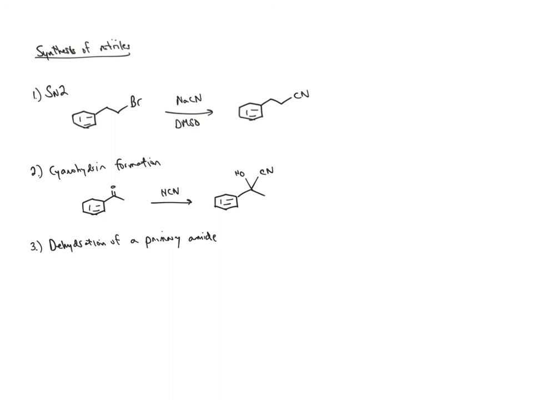Okay, so let's take an amide, and it has to be a primary amide, right? So this one here, and let's treat this with tosyl chloride and pyridine. Now, in the presence of tosyl chloride and pyridine, we can dehydrate it, which means we're removing water. And when we remove water, H2O, from this system, what we're going to get is the nitrile.